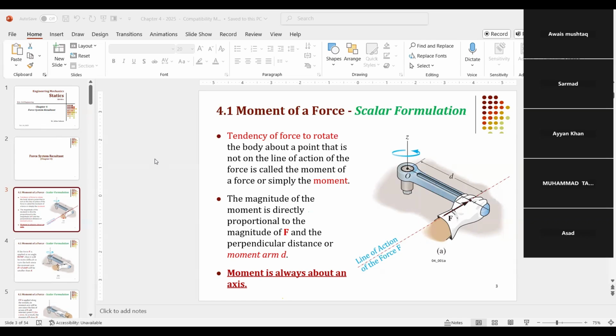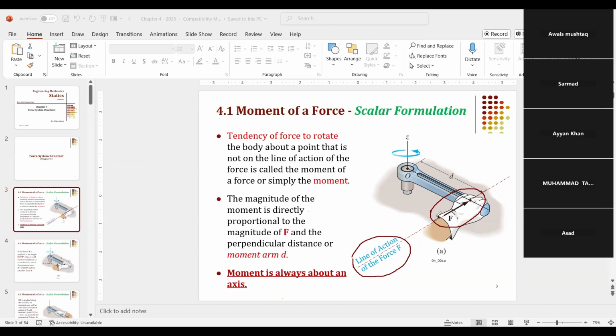You can see the definition. Let me read it for you. Tendency of a force to rotate the body about a point that is not on the line of action of the force is called the moment of a force, or simply a moment. Here is our force, and I have marked here the line of action of the force.